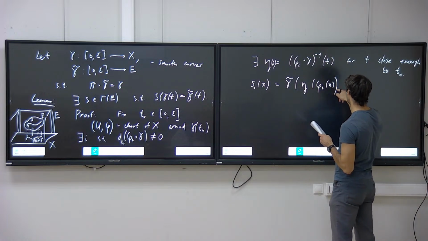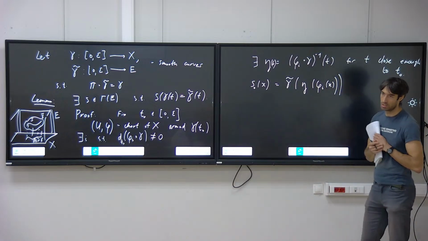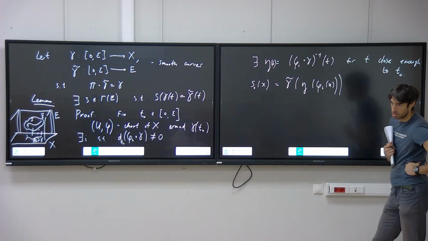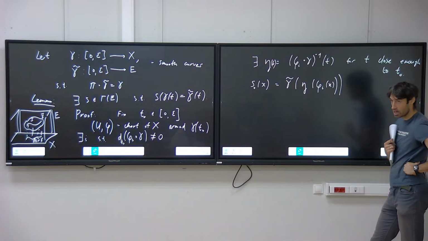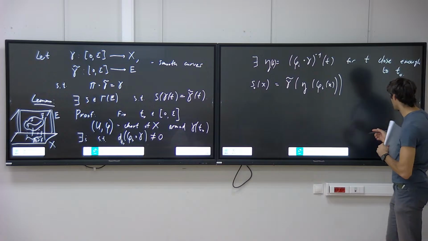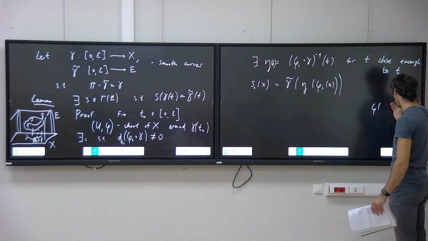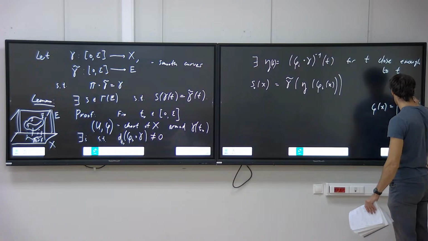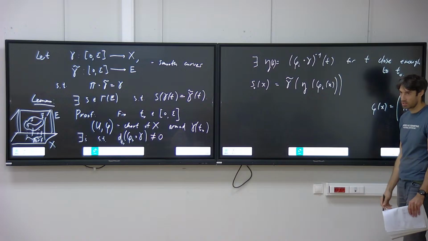What is I? Well, phi is from X to Rn, and I is just the index of the components.